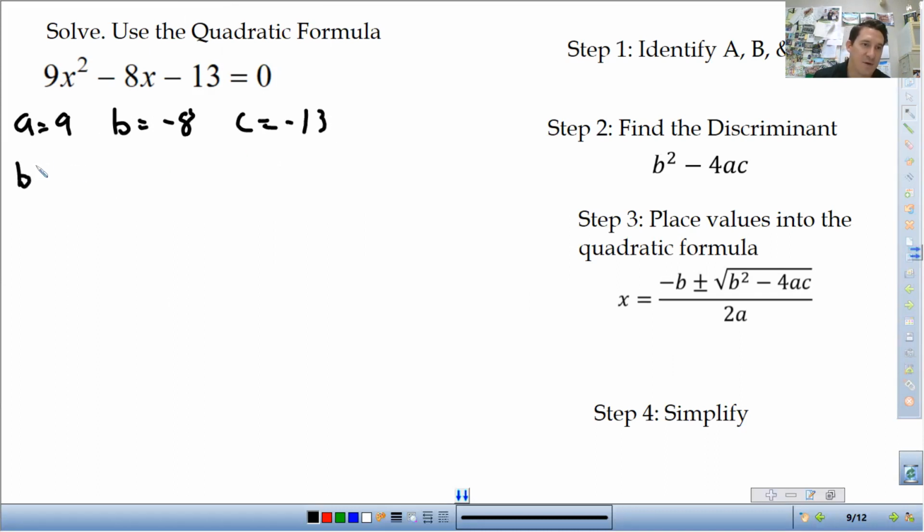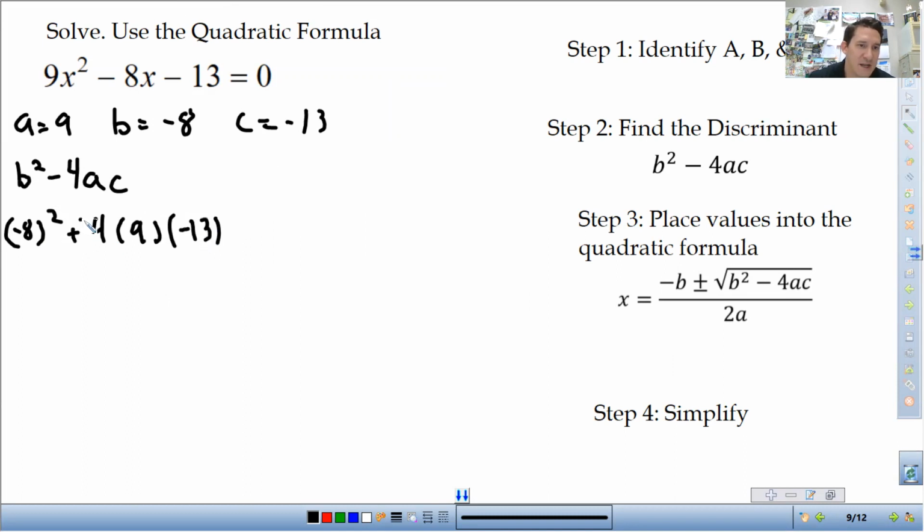So first thing we're going to do is the discriminant, b squared minus 4 times a times c. So b is negative 8. A is 9, c is negative 13.